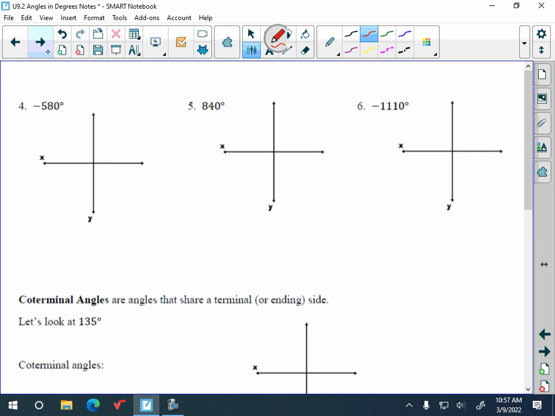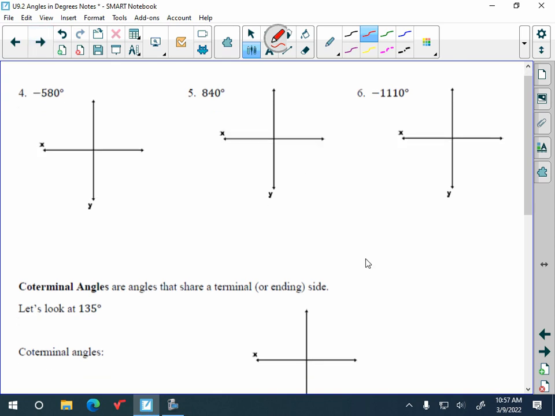All right, let's try one more of these. Let's try number 4. We're going to have to get crazy on this stuff, as long as you get the basic idea of sketching an angle. Negative 580. Let's do that one. Negative ones usually are the hardest ones for people. All right, so we know negative 580 is going to get us more than one time around. Okay, so we're starting there.